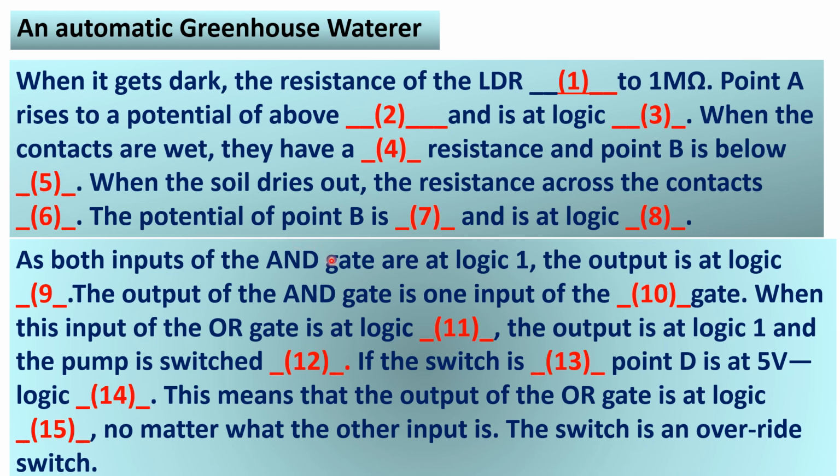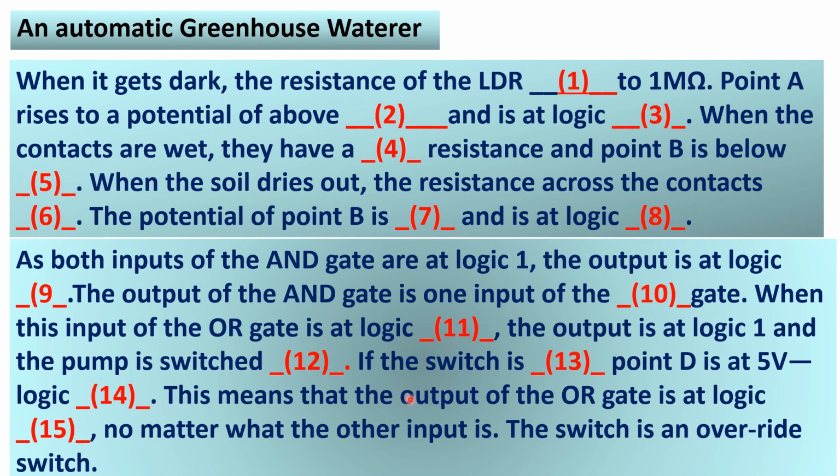As both inputs of the AND gate are at logic 1, the output is at logic blank. The output of the AND gate is one input of the blank gate. When this input of the OR gate is at logic blank, the output is at logic 1 and the pump is switch blank. If the switch is blank, point D is at 5 volts, logic blank.